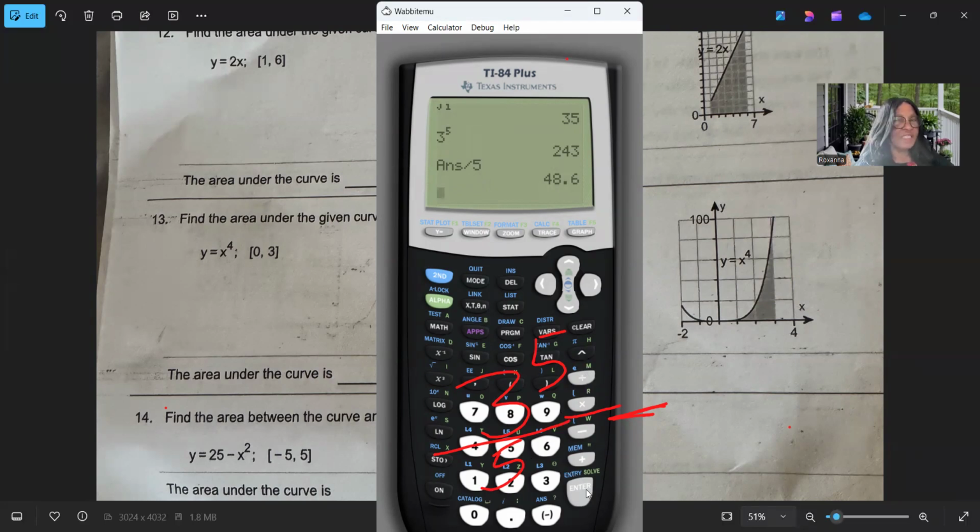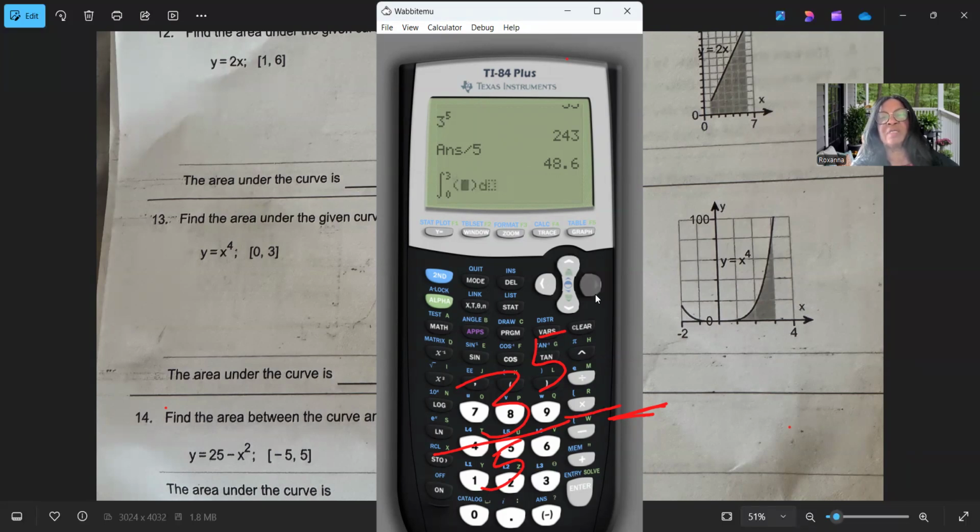Well, let me check and see if my answer is correct. That's the most important thing. Is it correct? So I am going to use the integral function from my calculator. It's asking what the lower bound is: 0. What is the upper bound: 3.